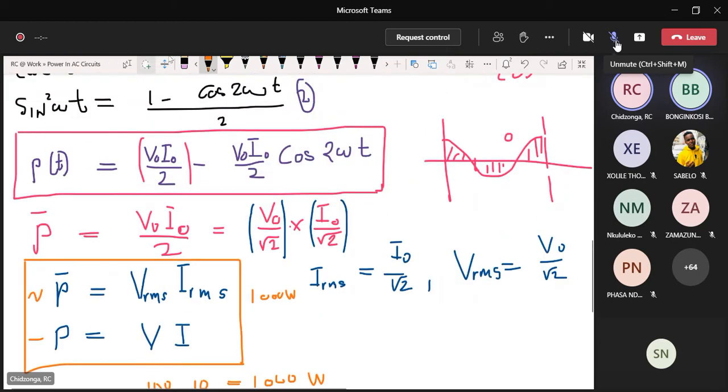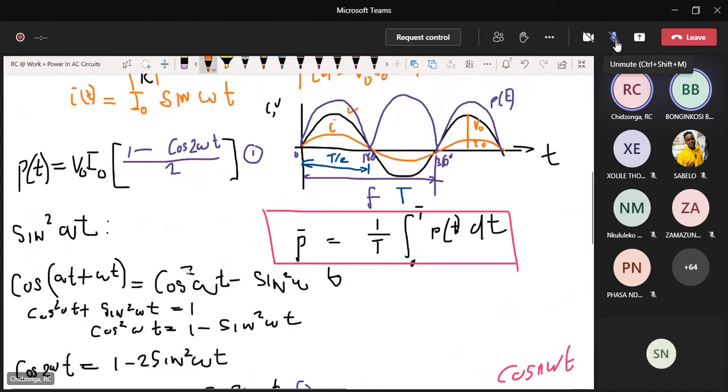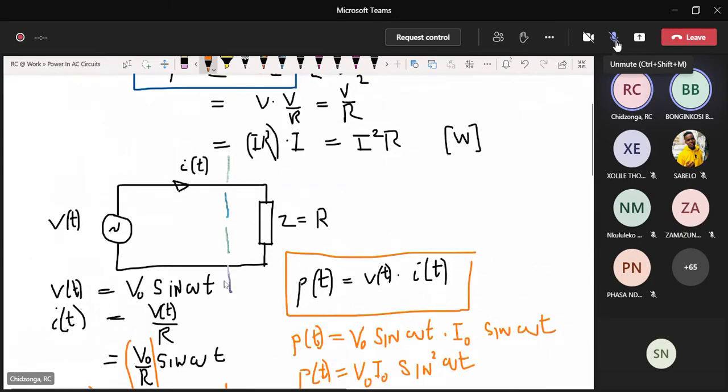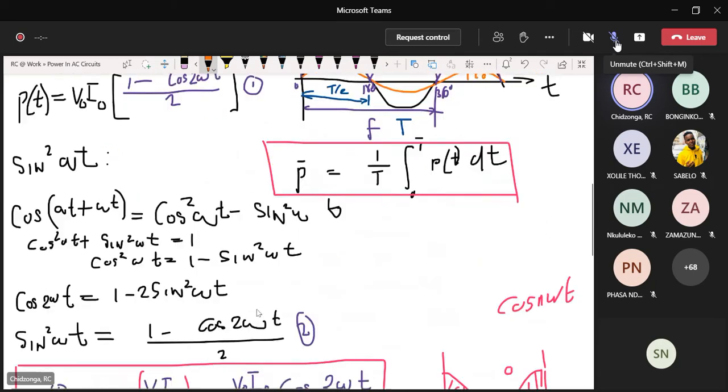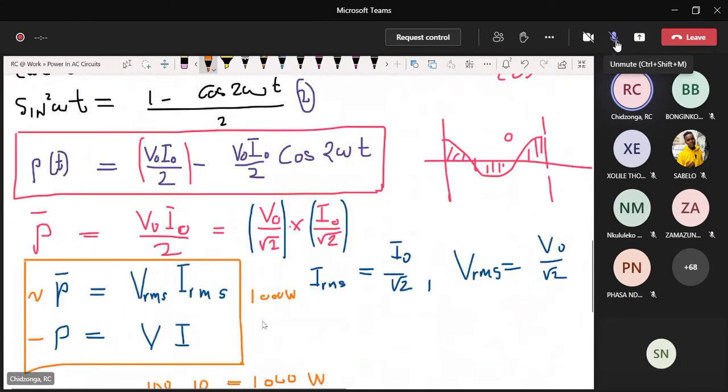If I give you the equation like this, that v(t) is equal to V peak sine omega t, and then I say calculate the power that is used in the resistor. If you don't change that peak value to a root mean square, but you carry on and multiply V peak and I peak and do not divide by 2, then your answer will be wrong.